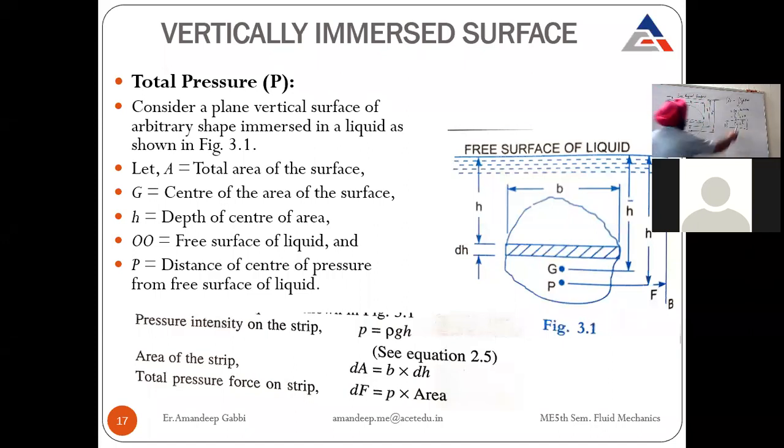The integration of h into dA will become equal to A into h bar, and this A is the total area of this figure, and h bar is the distance of the center of gravity from the free surface. If you have questions, you can ask me.